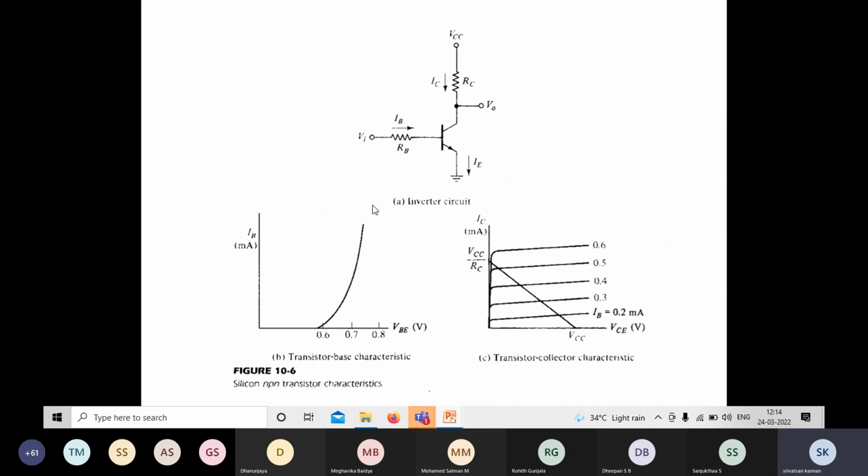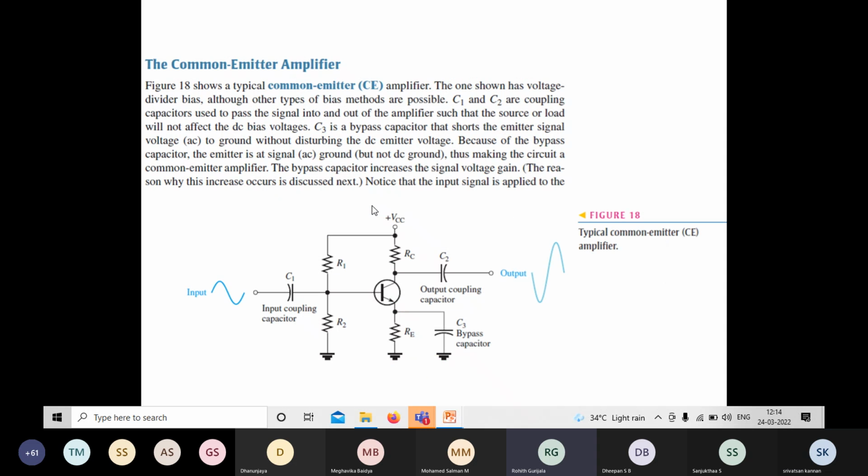Which experiment in VLabs, sir? Not in VLabs. We are going to do it in LT Spice. VLab is only for the voltage regulator and Zener diode. Last class we did transistor characteristics in LT Spice only, yes or no? What tool did we use in the last class?